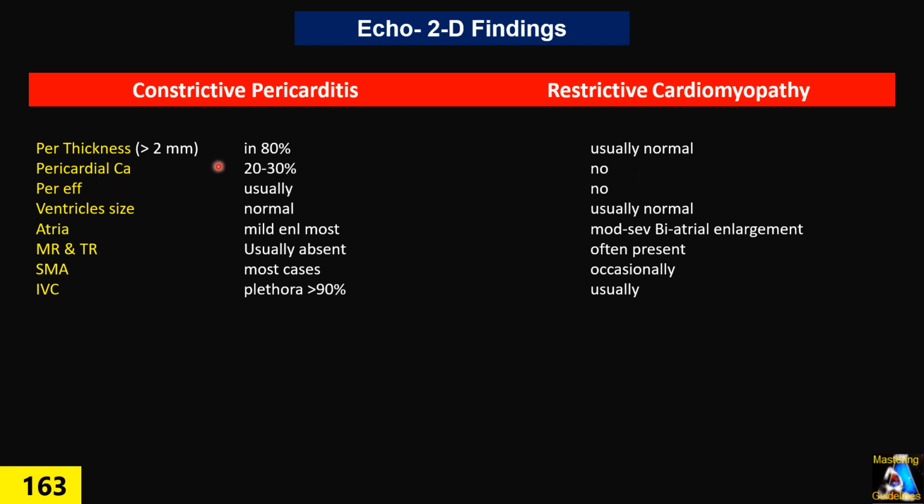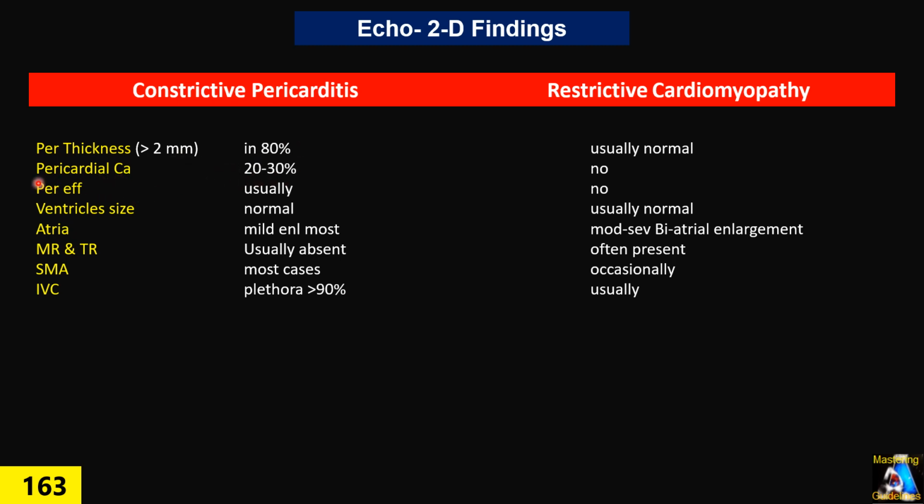Pericardial calcification, especially in those related to bacterial causes of constrictive pericarditis, at the top of them tuberculosis: in 20 to 30% of cases we can expect to see calcification. If the calcification is thick enough, at least 2 millimeters, beside the hyperechoic pericardium, we can see posterior shadowing from those spots.